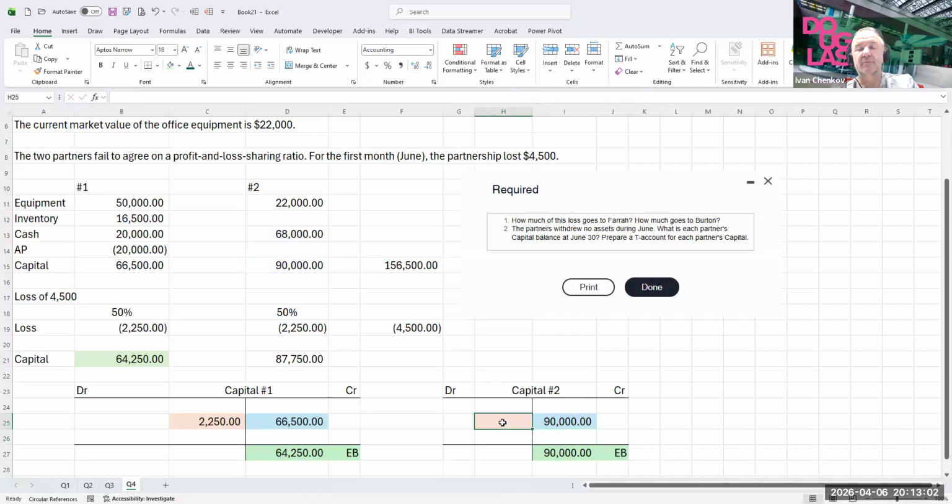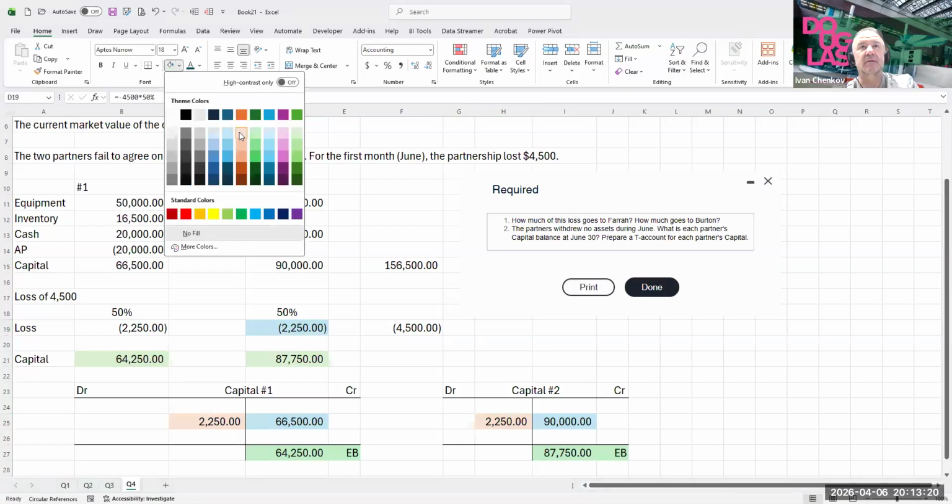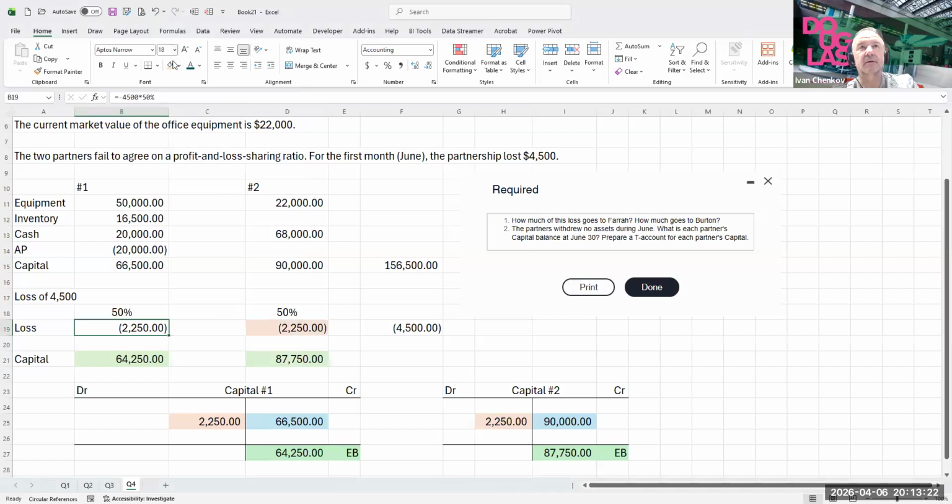From the first month of operation, he was lucky to get only a loss of 2,250. So his capital went to 27,500. So this is your loss here. Let's mark it with the right thing. And the first one is capital, which is this one and this one. And that's your question.